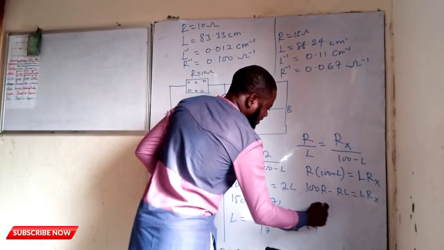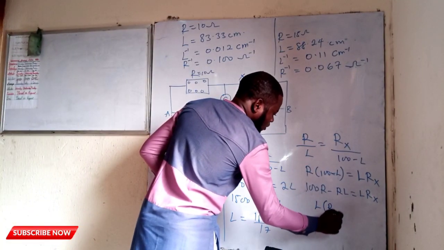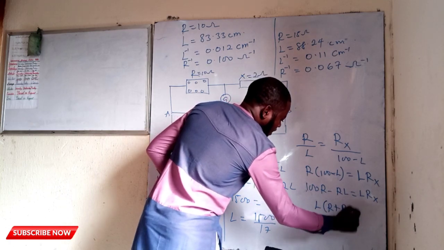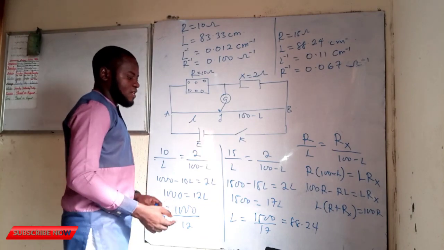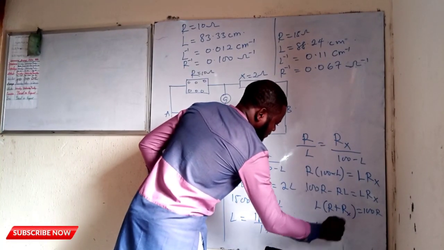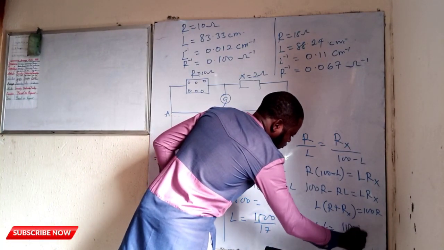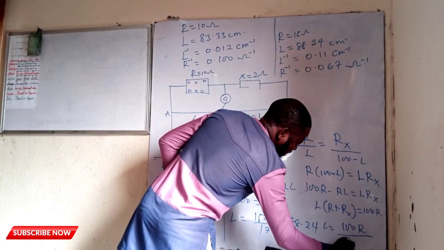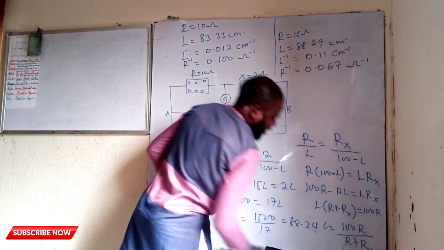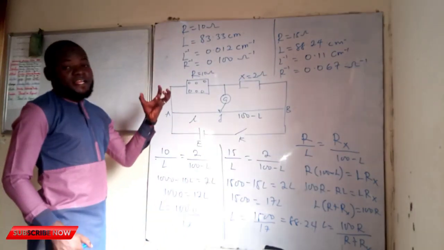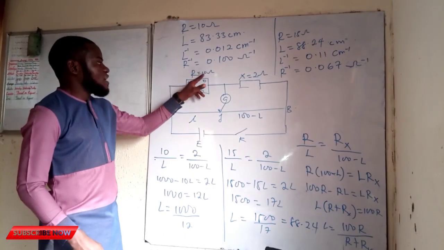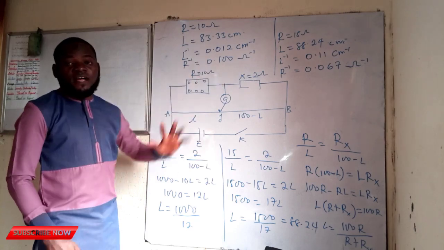So if I collect the like terms, I will have that L into R plus Rx equal 100R. Are we together? So L, which is the balancing point, is going to be 100R divided by R plus Rx. So we can be using this formula now to get our values for every R, whatever value it might be.